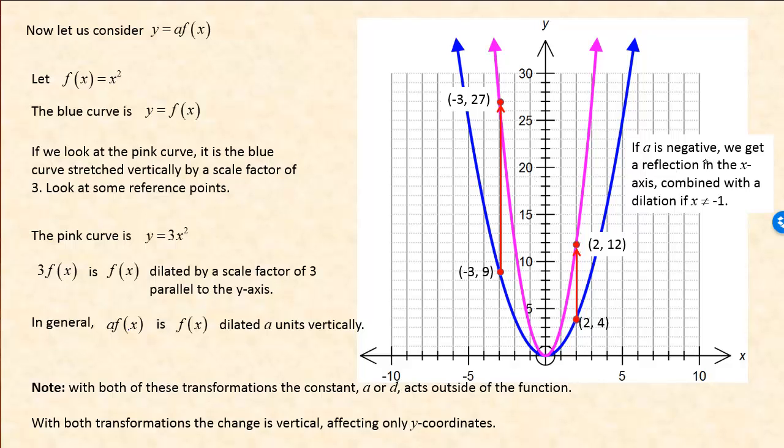If a is negative, here we just looked at a positive value, 3, we get a reflection in the x-axis. Now, if a is negative 1, it's exactly a reflection in the x-axis, but we also get a dilation if a is not negative 1. So the curve would appear down here.